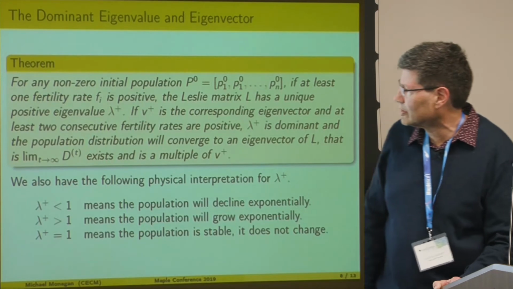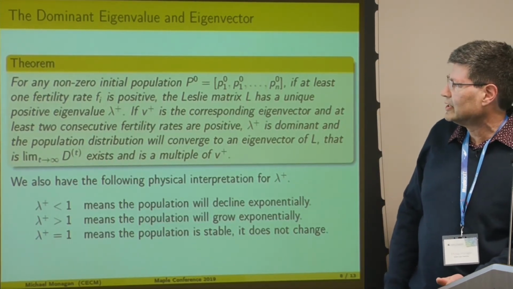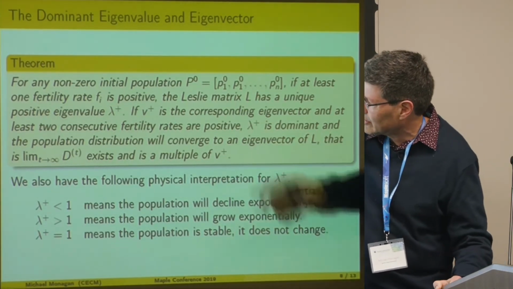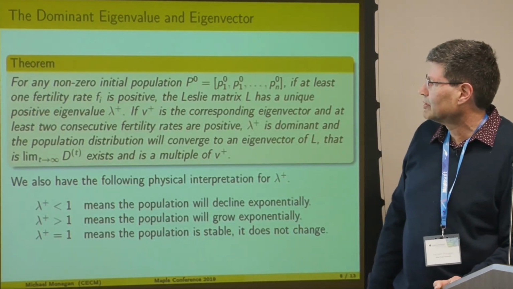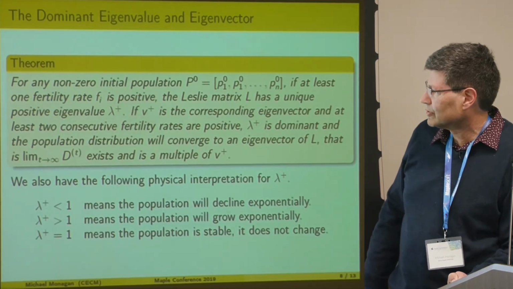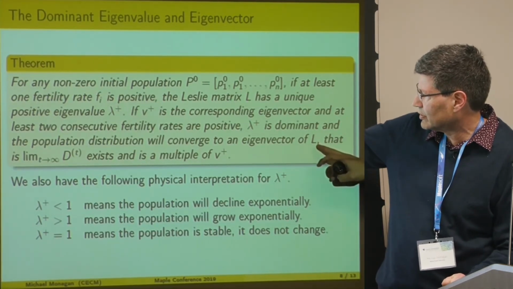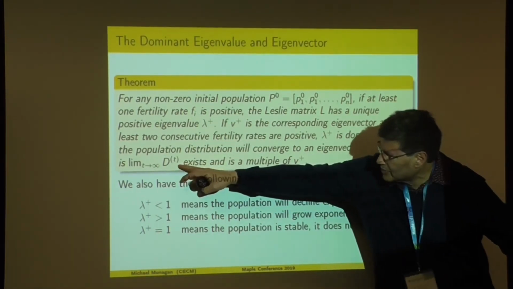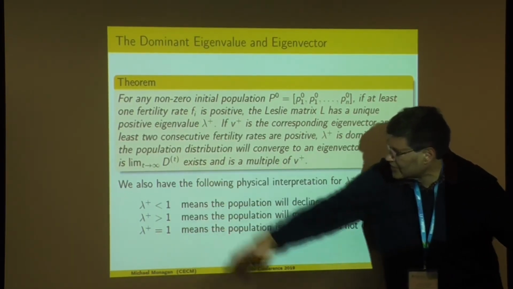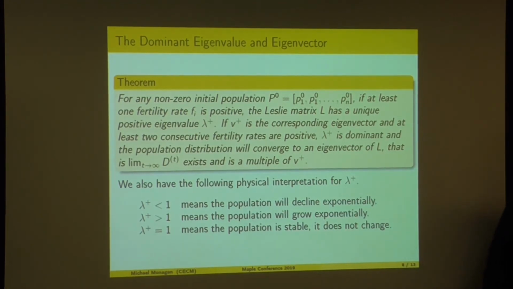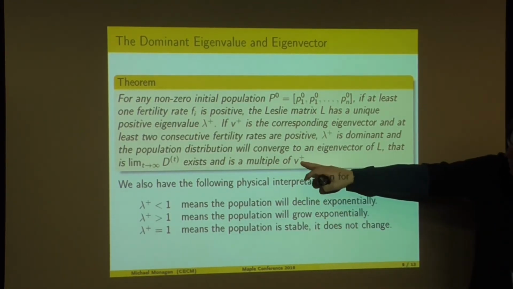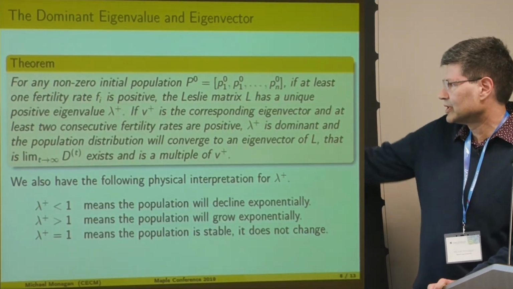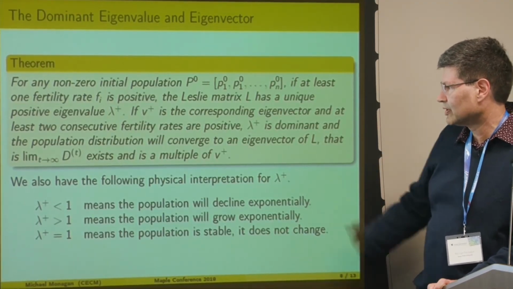If V plus is the corresponding eigenvector and at least 2 consecutive fertility rates are positive, and that is the case in our example, lambda plus is dominant and the population distribution will converge to an eigenvector of L. That is the limit, and I've added this, that the limit of the distribution vector exists, and it's going to be a multiple of that eigenvector.